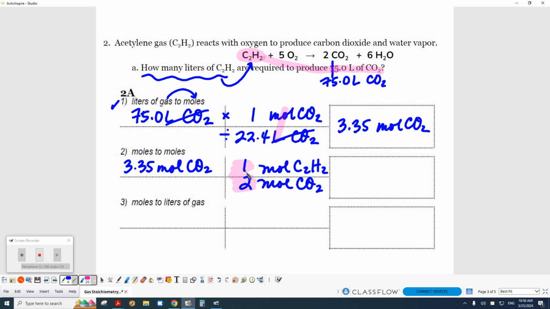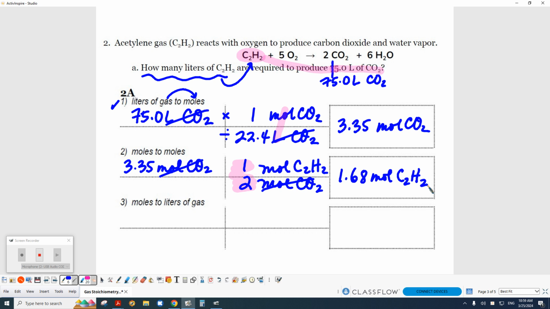And now the moles of CO2 cancel out, and we're left with moles of acetylene, C2H2. And remember, multiply the top and divide by the bottom. And if we use our calculator, we find that that's 1.68, but more importantly, units, moles of C2H2 acetylene gas.